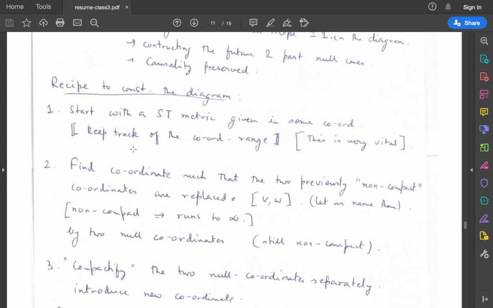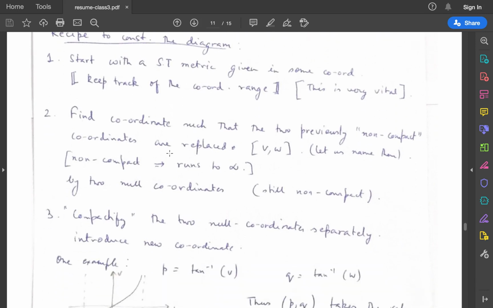However, the most important thing that we should always keep track of is the range of the coordinates. When changing from one transformation to another, we should always keep track of how the ranges change, because we want to bring an infinitely big diagram onto a piece of paper.